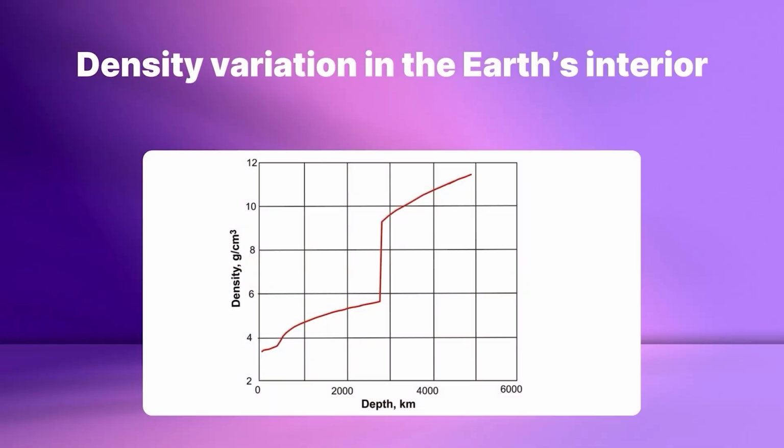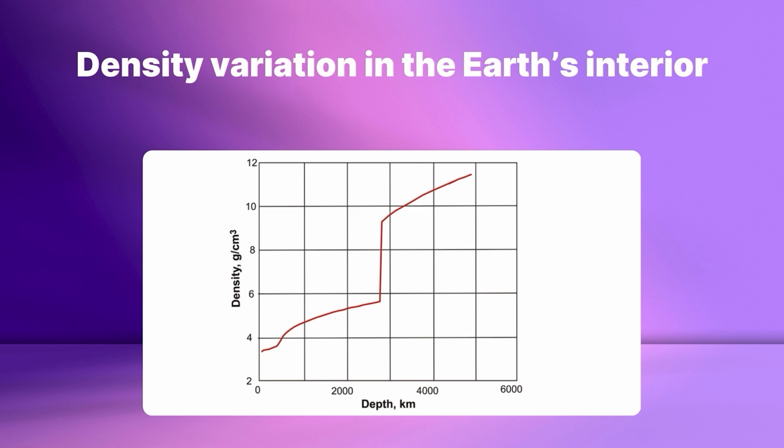Now density variation in the earth's interior is shown here in this figure. You see the density is very low here and it gradually increases with the rise in depth.